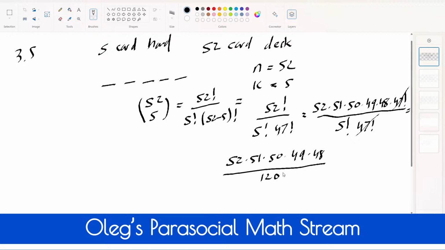That's an easy one to remember. The first couple are relatively easy to remember. Just memorize the first 5 factorials or something, and have it in the back of your head. So we have 52 times 51 times 50 times 49 times 48.